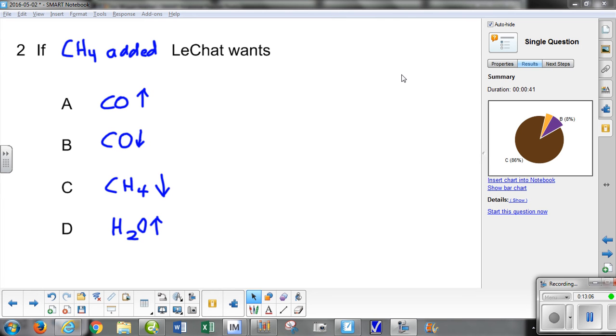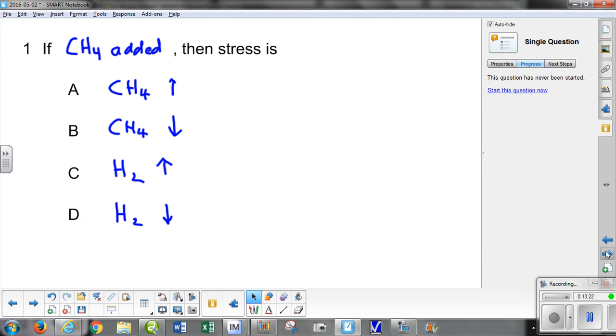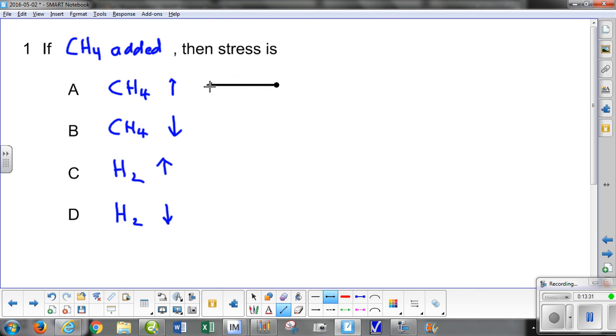Okay, I just stopped the question, and I'm seeing an 86% getting this right. Those of you that were answering B or anything else, this column is always going to be the reverse of what this was. Remember this guy right here, let me get a little arrow in here.